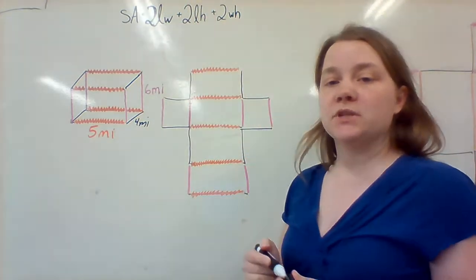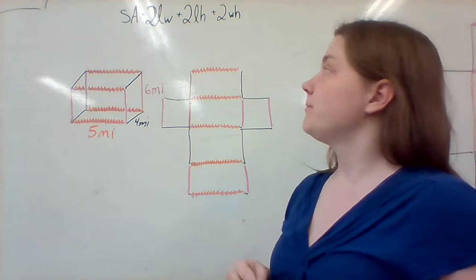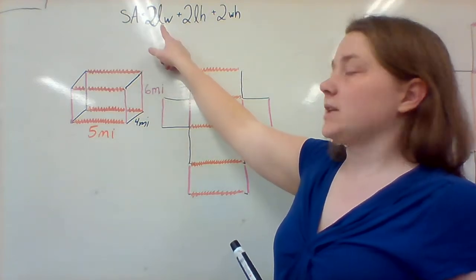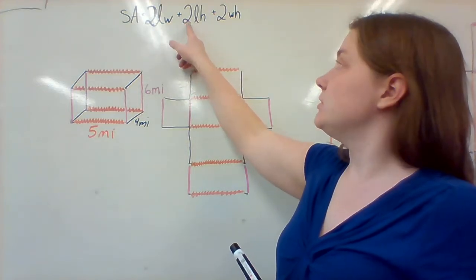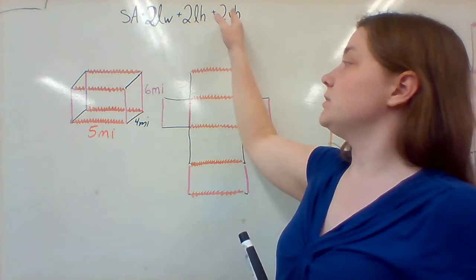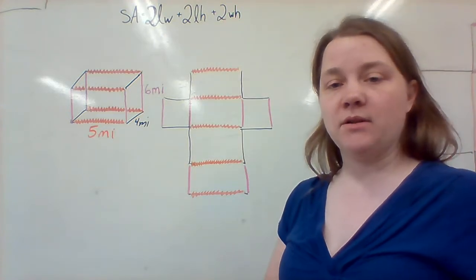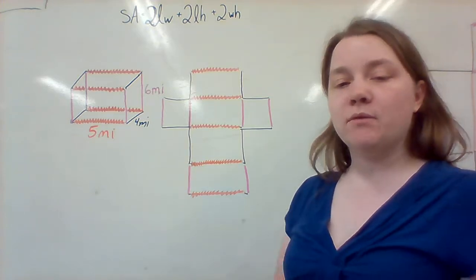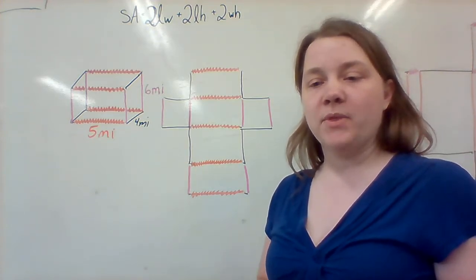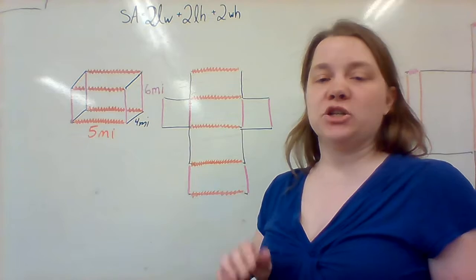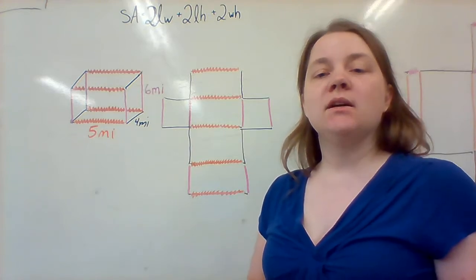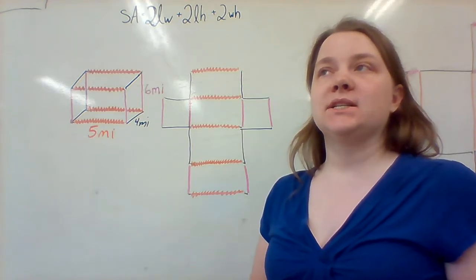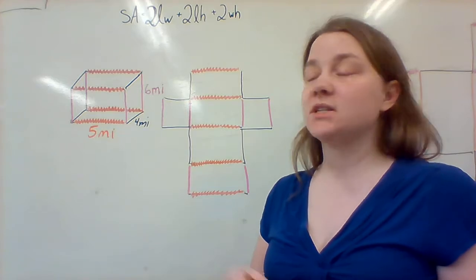And the formula for the surface area of a rectangular prism is 2 times length times width plus 2 times length times height plus 2 times width times height. That formula is put into place because if you think about a rectangular prism, there are actually only 3 sides of different lengths, and then those sides are doubled.